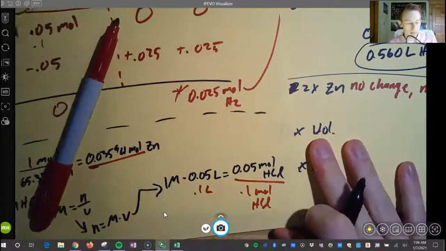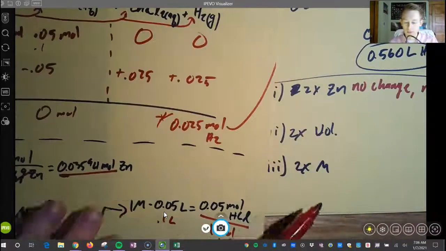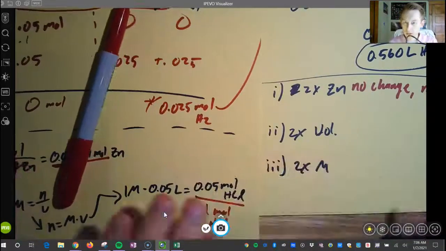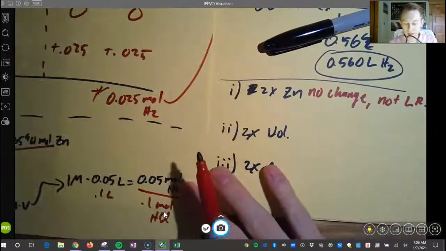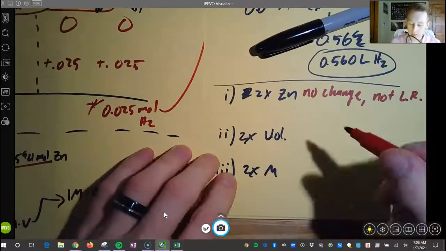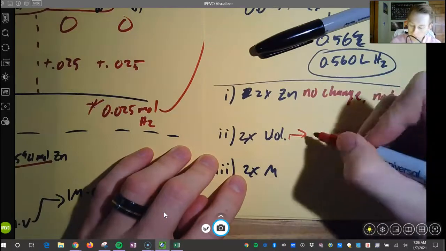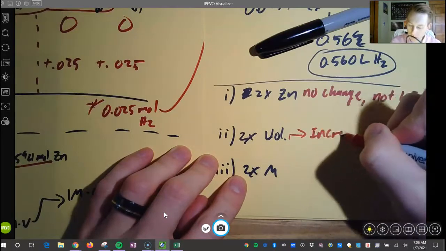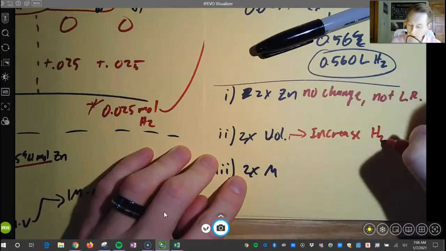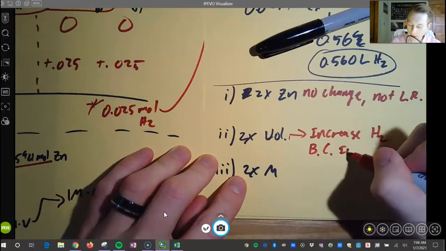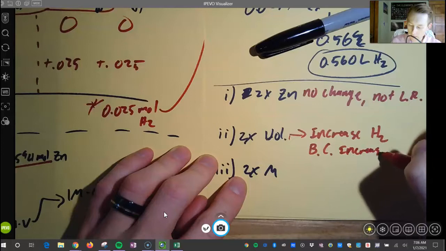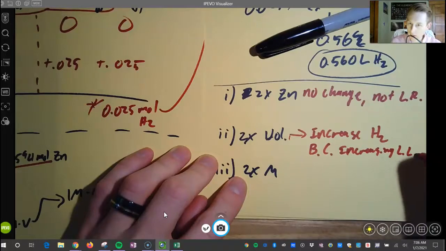So if I go back to my paper over here, if I can move stuff around properly. Okay. 2 times the volume, we increase H2 because we're increasing the limiting reactant.